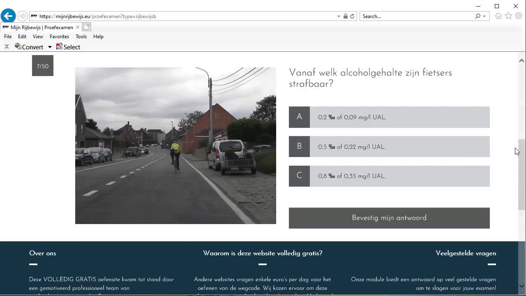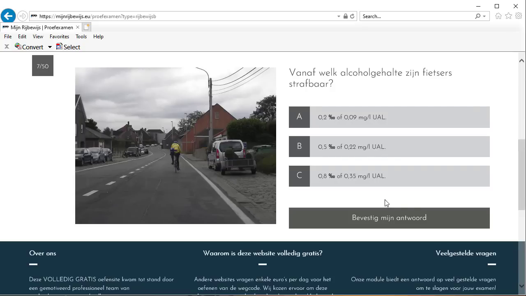From what alcohol level are bicycle riders punishable? Option A: 0.2% or 0.09 milligram per liter, B: 0.5% or 0.22 milligram per liter, and C: 0.8% or 0.35 milligram per liter.